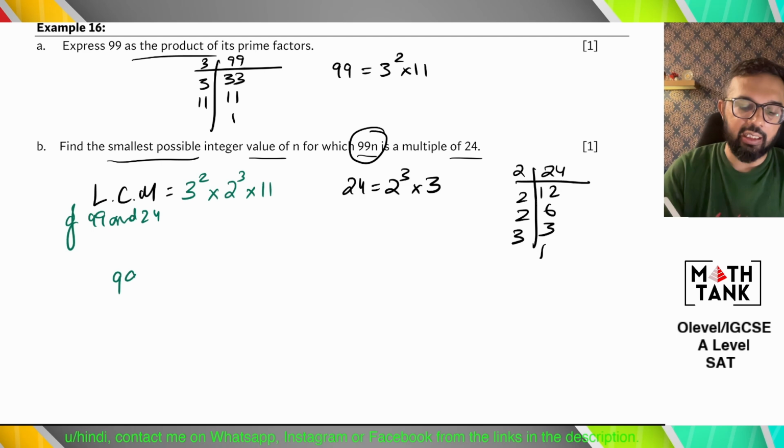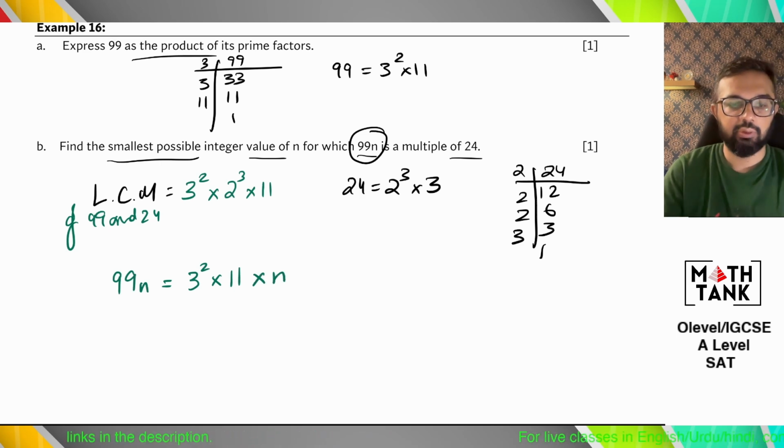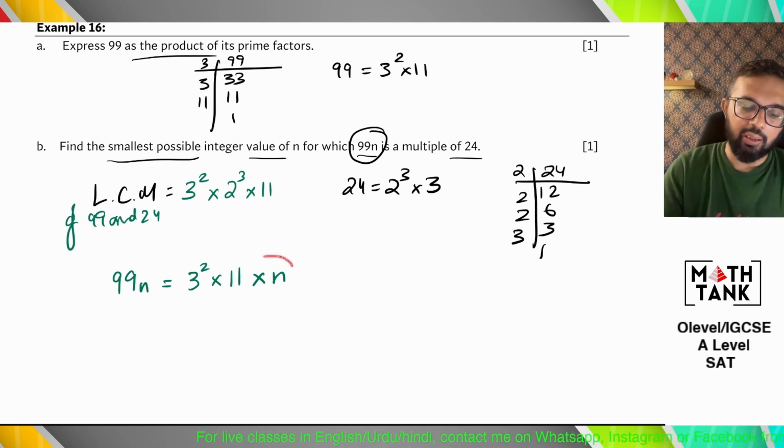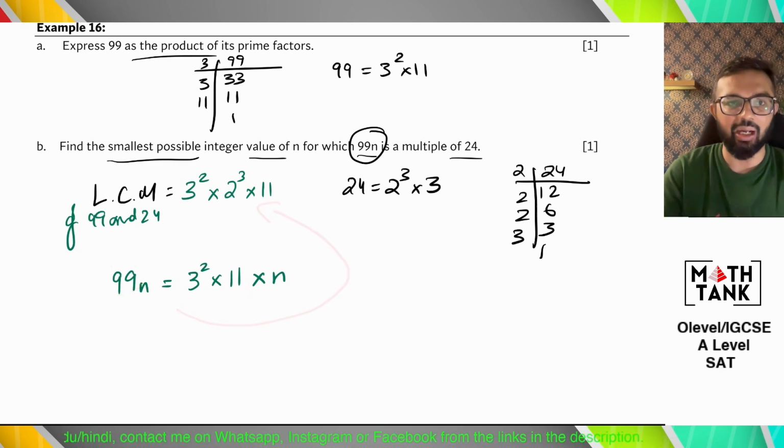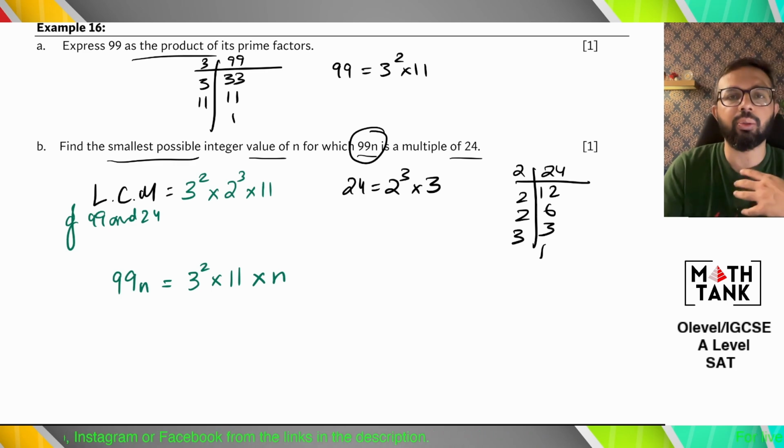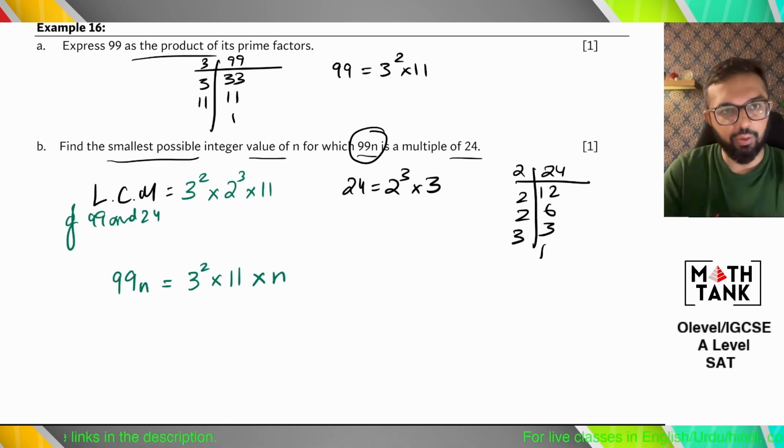If I write 99n, and I say that 99n is basically 3 square into 11 into n, then what I can tell you is that if I want to multiply 99 by something and I want it to be equal to the LCM, I want it to be equal to a common multiple, because I want it to be a multiple of 24 as well.